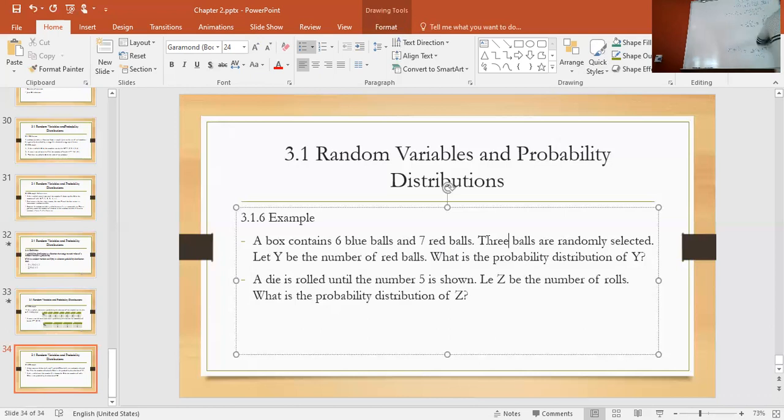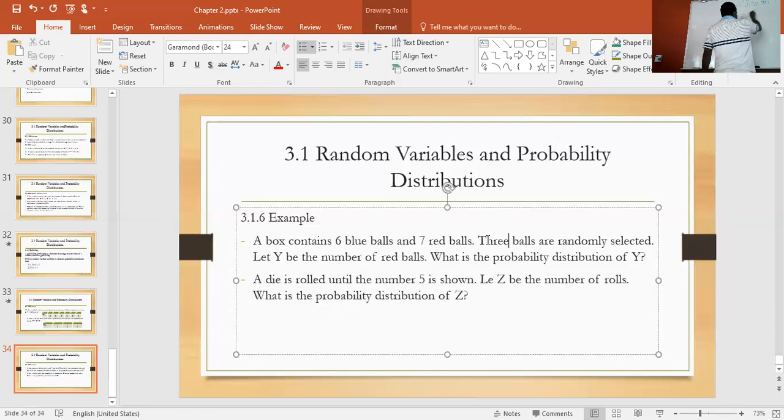At this point, we can find the last one by adding these and subtracting from 286. But we are not sure if we didn't make any arithmetic mistake. So we are going to just do it for Y equals 3. The probability that Y equals 3 will be 3 red balls, so no ball is blue.